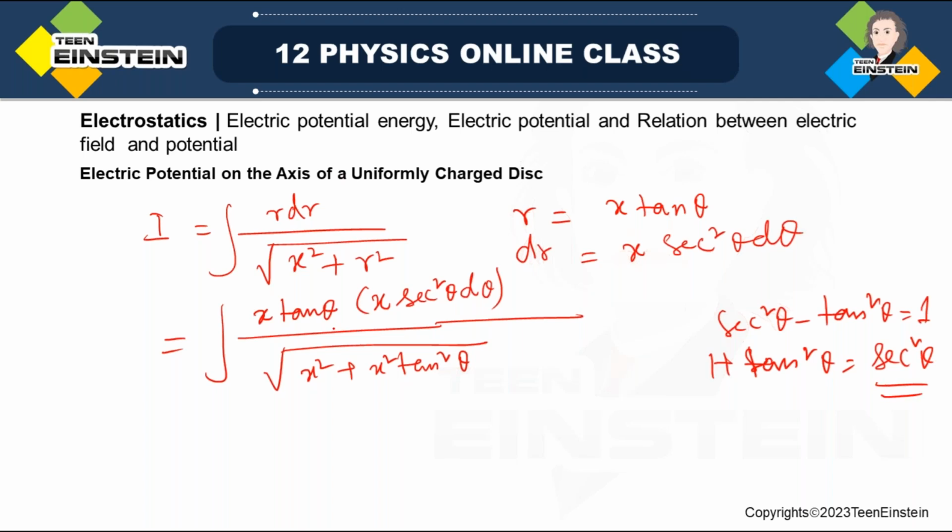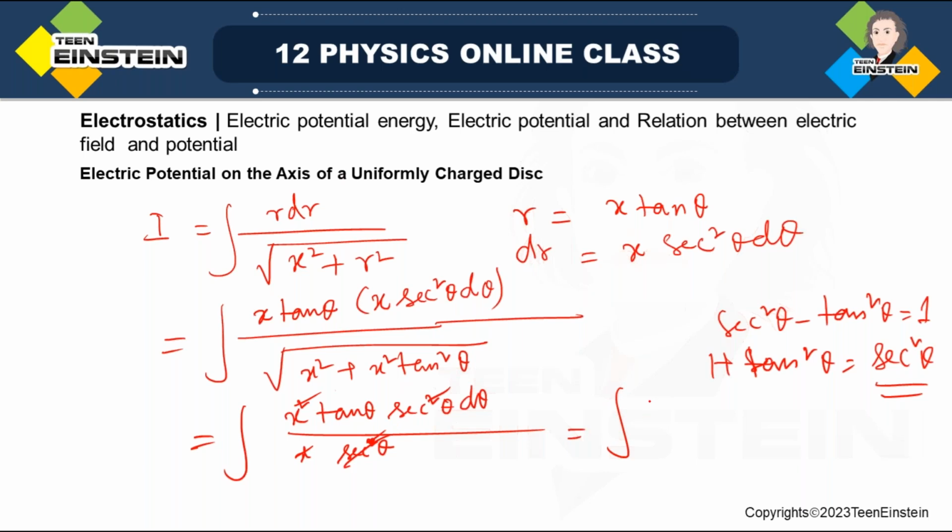So if I take x square common, we get x square tan theta sec square theta divided by x, and 1 plus tan square theta means sec square theta, so only one sec theta will be there. So one sec theta will cancel another sec theta in the numerator, and one x will cancel the other x.